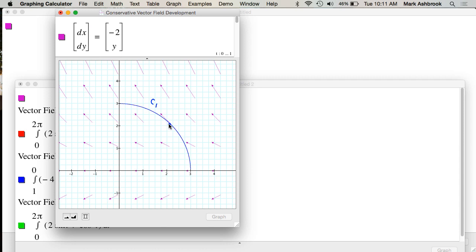C1 will be clockwise from 0, 3 to 3, 0. And so then that would be the integral. Set up that line integral for the work done from 0, 3 to 3, 0.